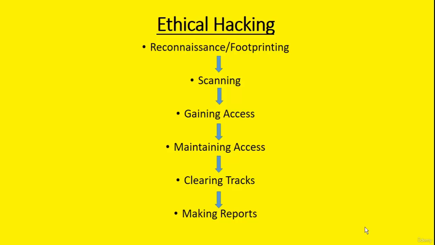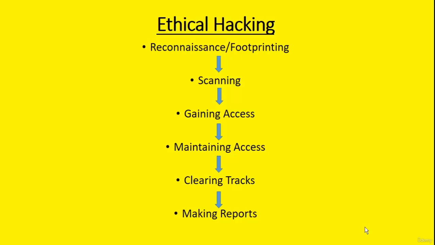The longer we maintain access into our target network or system or website, the more information we collect from there, like their personal information or their secret information, etc. So the longer the access is, the more information we collect.